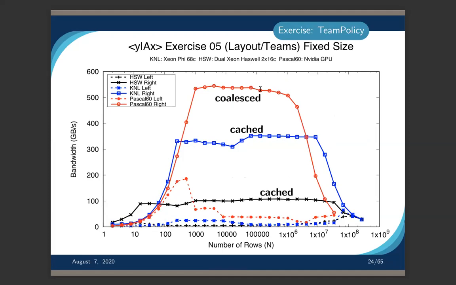If you think about it, the tightly coupled threads of a team, we are now parallelizing the inner loop. And that means they want coalescing happening on the inner loop. In order for coalescing to happen on the inner loop, the rightmost index of the matrix needs to be stride 1, which means we need layout right. On the CPU, you don't have to change because you still want caching on the rightmost index.